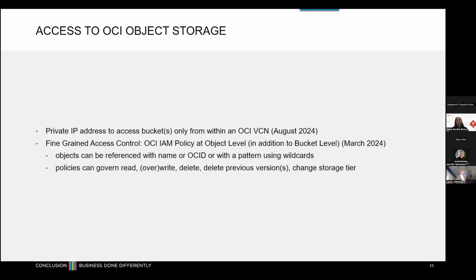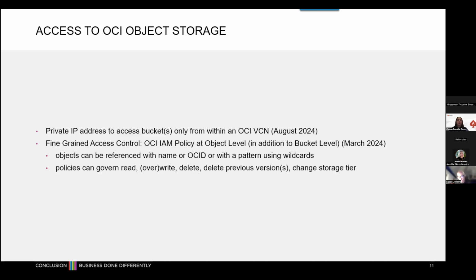And then, as of March of this year, there's the ability to define fine-grained access control rules for OCI object storage down to the object level, in addition to the bucket level that we had before. For each object or each set of objects that you can identify, that you can specify using wildcards, you can indicate if the policy concerns reading, writing, overwriting, deleting.